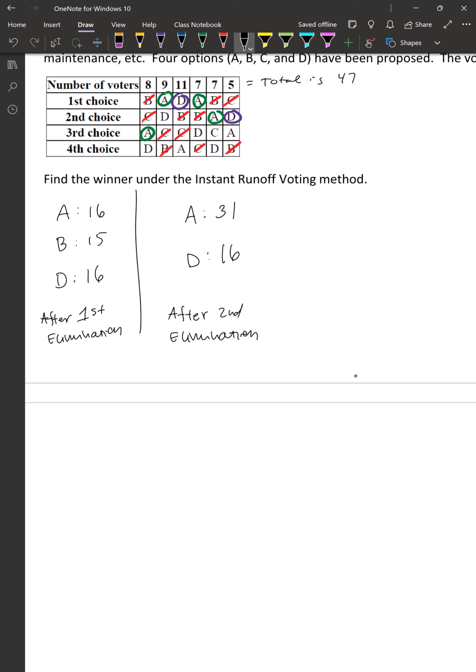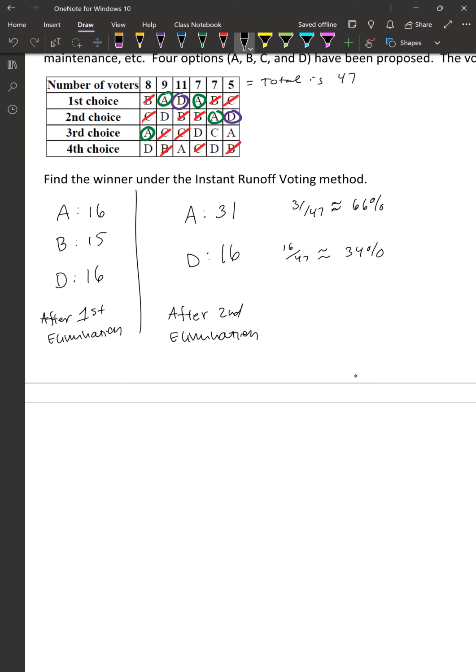Let's calculate percentages just for fun. So 31 divided by 47 is 0.6595, which is about 66%. And 16 divided by 47 is about 34%.